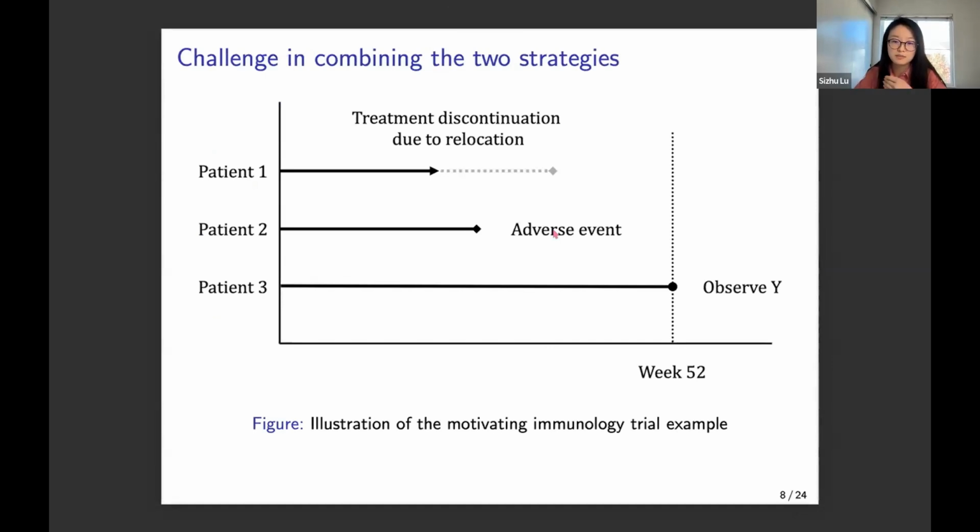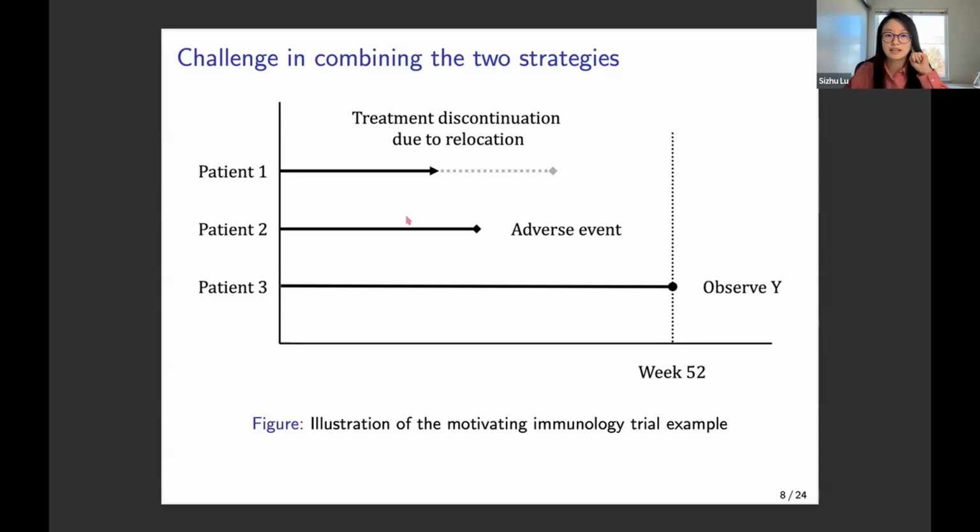Again, let's go back to the motivating example, this toy example. So for the first patient, we observe that at some point they discontinued from the treatment due to relocation. So we know the observed time to event for the effect uninformative intercurrent event. However, we also want to learn in the hypothetical world, what if this event didn't happen?